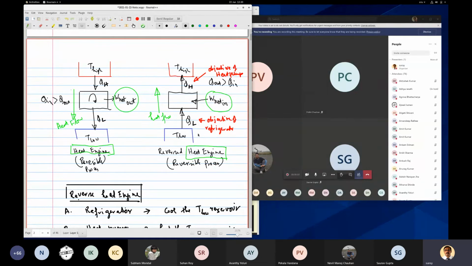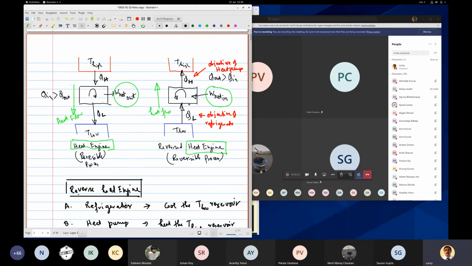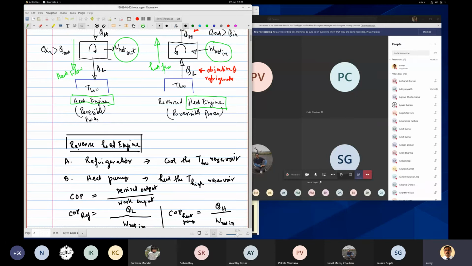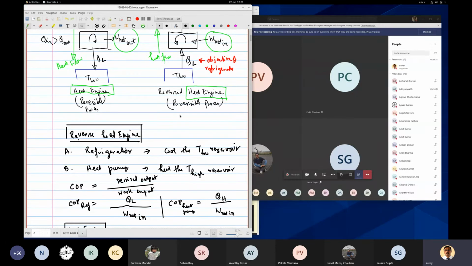Okay. So for our analysis, we will always assume that the cycle inside is a reversible process. So when you have a reverse heat engine, how do you find out its performance?